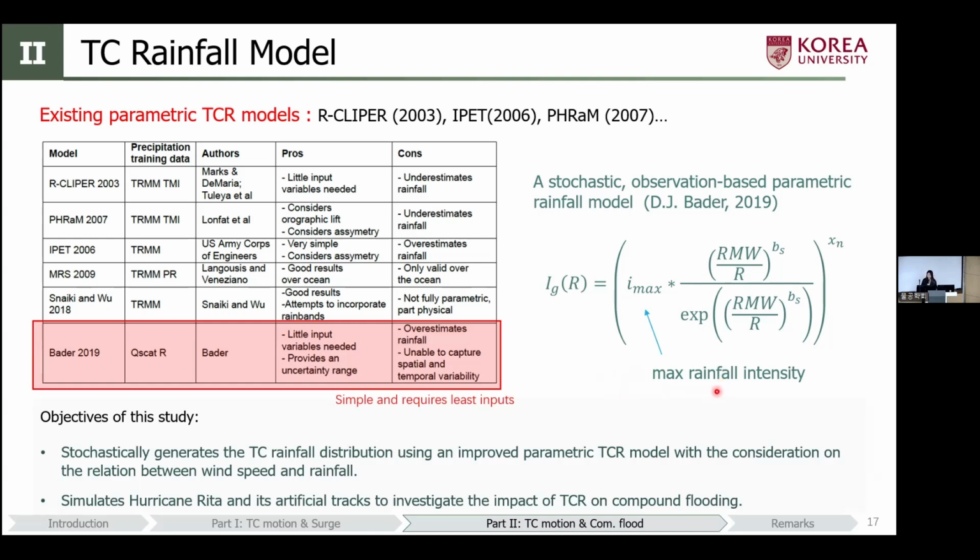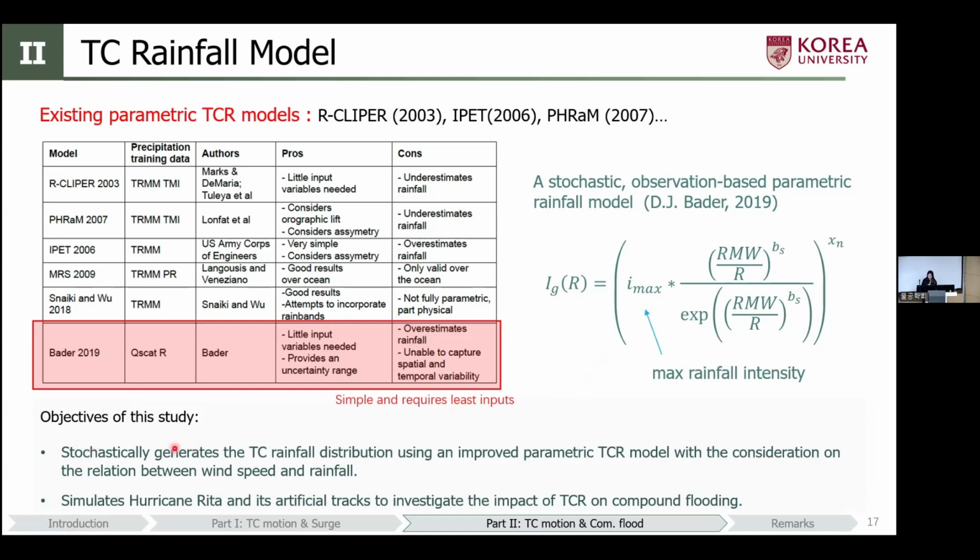They just switched the variables. In the Holland model we use the maximum wind speed, and now we use the maximum rainfall intensity. So we will employ this model, but we also will develop it because it shows overestimations in the maximum rainfall and also the cumulative rainfall.